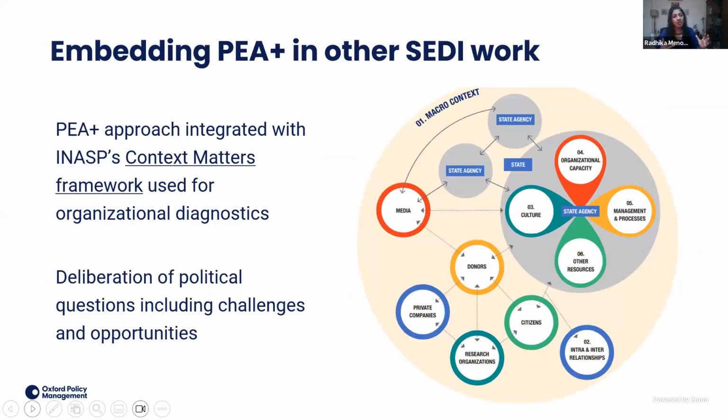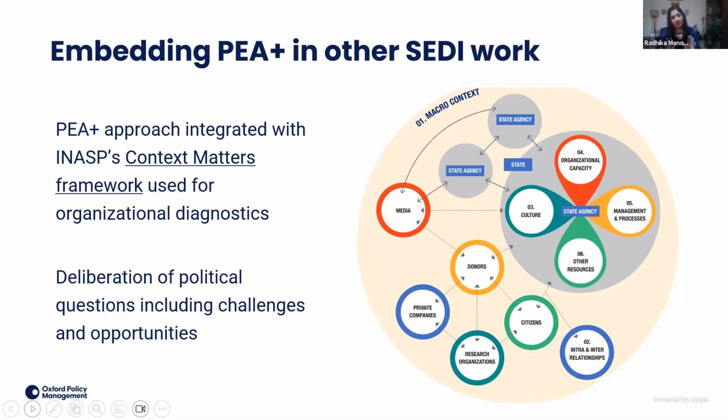So what we did was we then started integrating it also in the work that we were doing. So we carried out what we call these organizational diagnostics in Uganda and Pakistan. So PEA Plus was then integrated in the framework that was used. So we drew on INASP's Context Matters to carry out these organizational diagnostics.